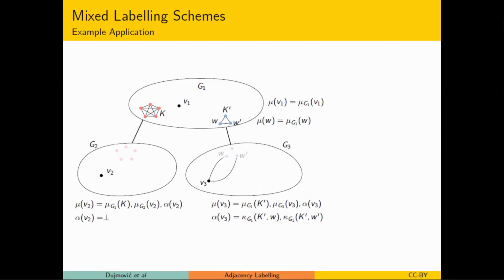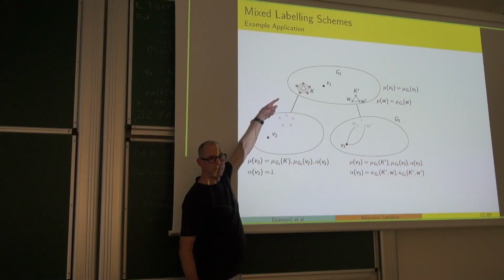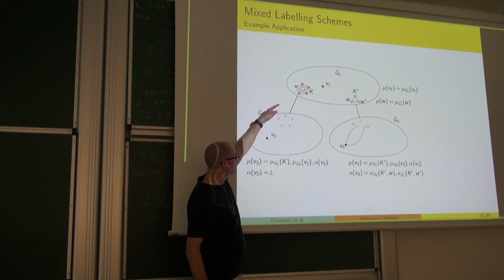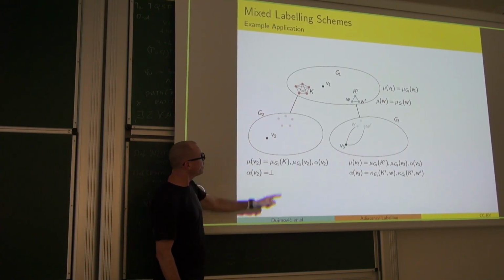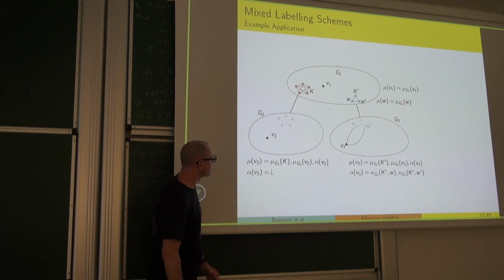A vertex in a non-top bag gets more than that. They get a part of the label which tells you how to get from the root to this bag. The way you get from the root to this bag is you pass through this clique K that appears in this big graph at the root. So you get a label for that clique from the top graph.